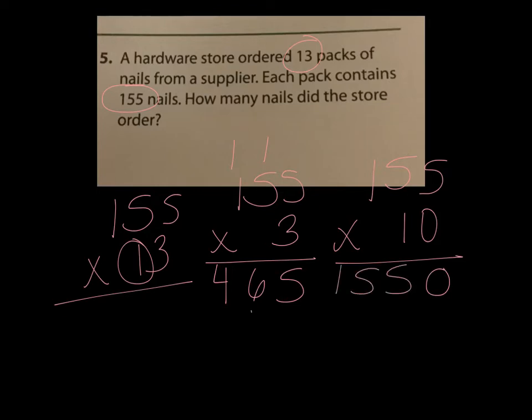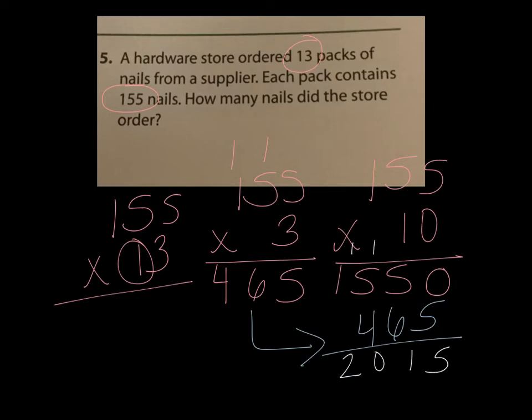I'm going to go ahead and bring this partial product down, so 465, and add them up. I have 5, 11, 10, and 2. My final answer is 2,015. And I could label it with nails.